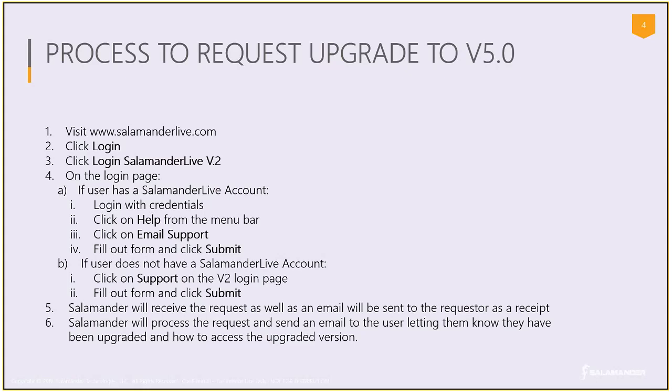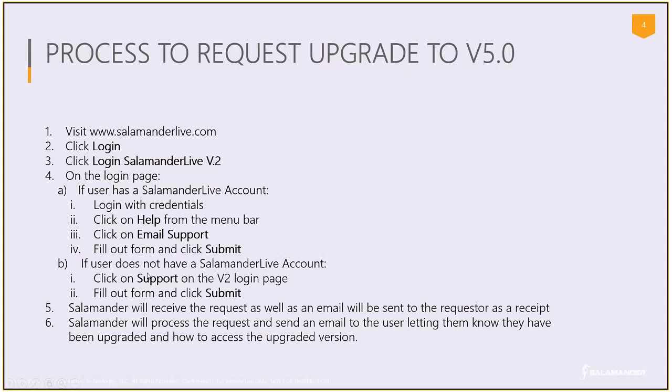On that login page, if you have a Salamander Live account, log in with your credentials. Then click Help from the left menu bar. From Help there are some options, and you want to click on Email Support. When you fill it out from Salamander Live, it pulls some of your information from your user profile to fill out the form.